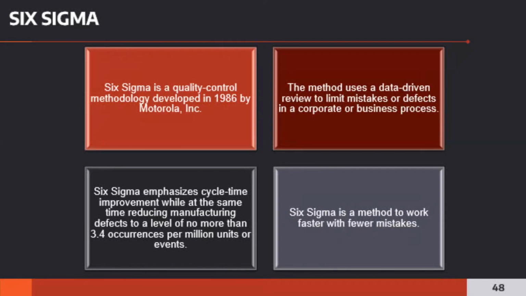Okay, now because only 3.4 occurrences, and we're talking about randomly distributed events along the bell curve, it would fall outside already of the 6 standard deviations, where 6 sigma stands for, or when we talk about sigma, it means standard deviation.